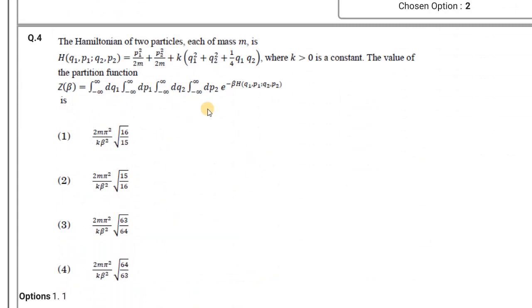This question 4 was also one where you need to integrate. Integration should have been done, but the only problem is your kinetic energy factor was very easy, but the potential energy factor was not quite easy, because you need to integrate dq1 dq2 of e to the power of q1 square plus q2 square plus 1/4 of q1 q2.